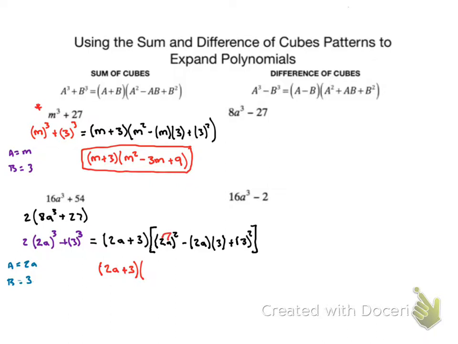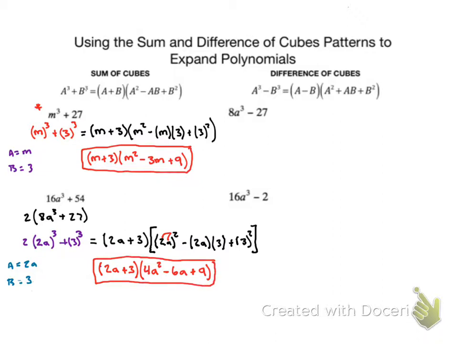That's 2 squared a squared, that's 4a squared. Minus 2a times 3 gives me 6a. And then that 3 squared at the end is plus 9. I double check to see if it's fully simplified, and it is. And that is our final answer.